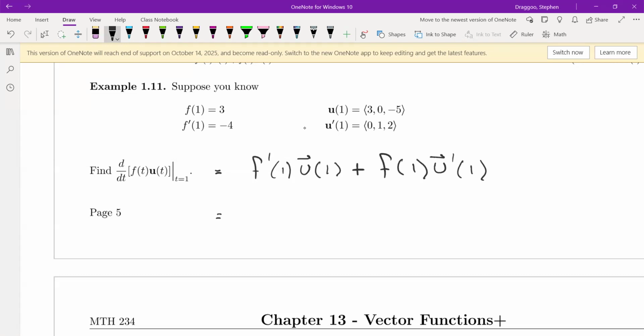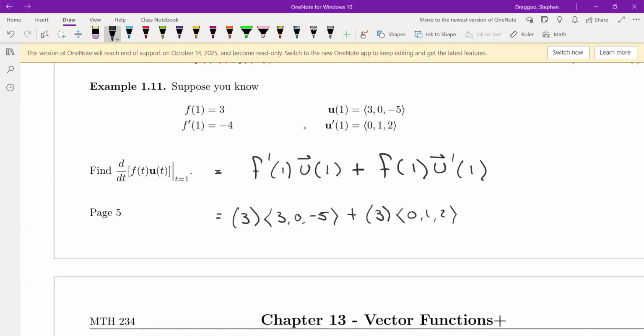We can see that reflected in the values: f of 1 and f prime of 1 are just numbers, 3 and -4, whereas u and u prime of 1 are vectors, 3, 0, -5 and 0, 1, 2, respectively. So that's why u gets the hat. This is 3 times the vector 3, 0, -5 plus, I've already made a mistake, 3 times 0, 1, 2.